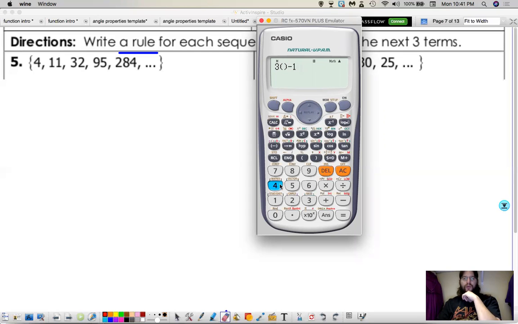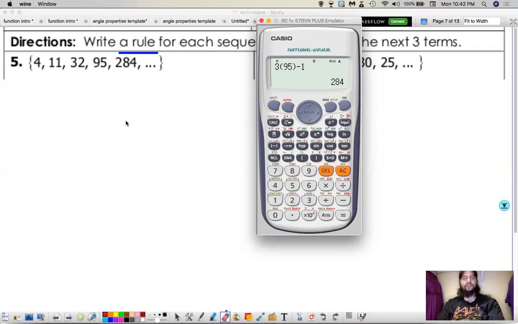If I do 4, I know that's how I got the triple minus 1, because 4 times 3 is 12, minus 1 is 11. So that works. Does it work for the next one? Hey, it looks like we might have a winner. Still working. Yes, okay, so we found our rule.